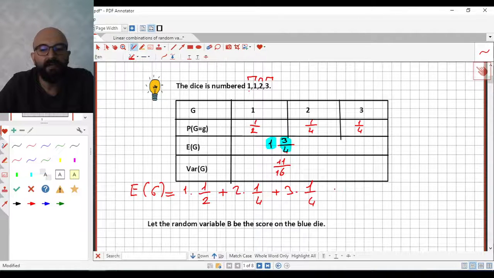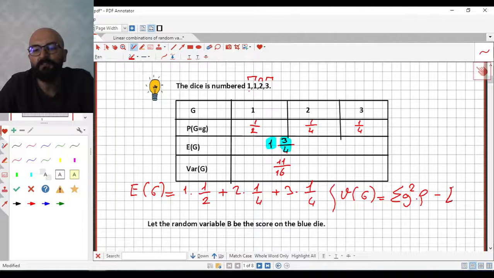So our variance formula means the sum of g squared multiplied by probability, minus the expected value of g, squared. So our variance is 11 over 16.